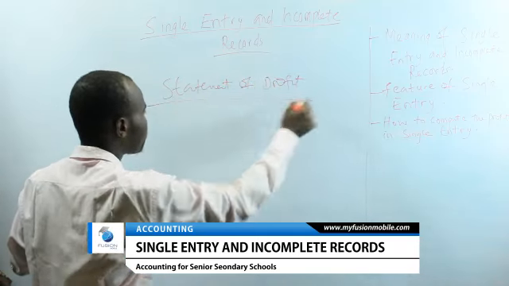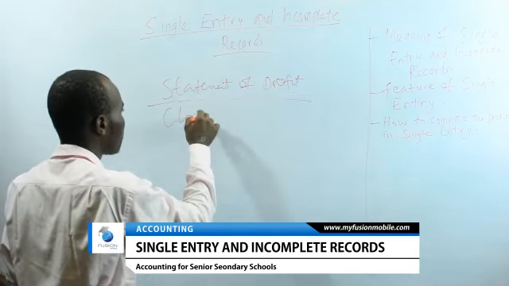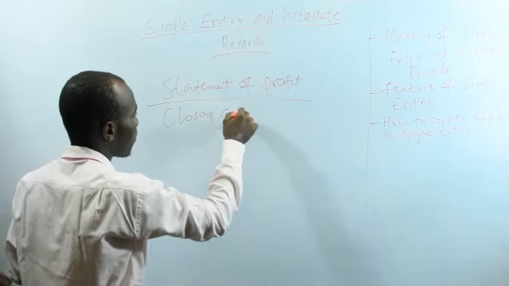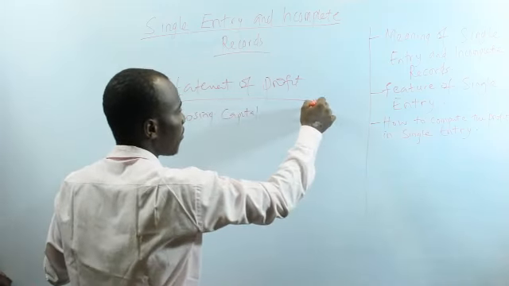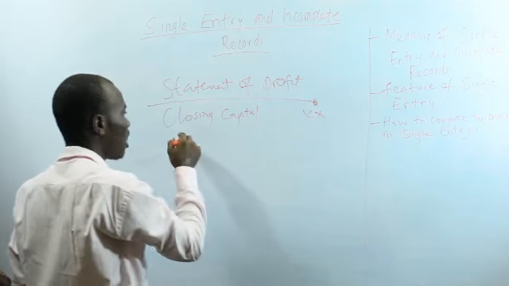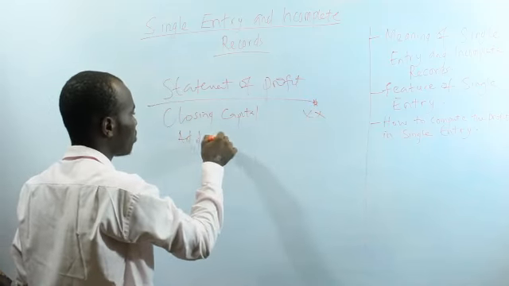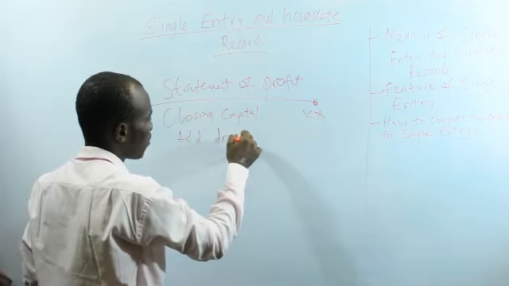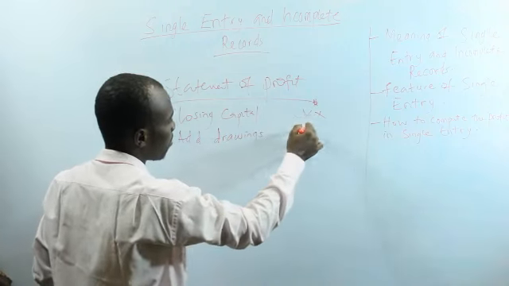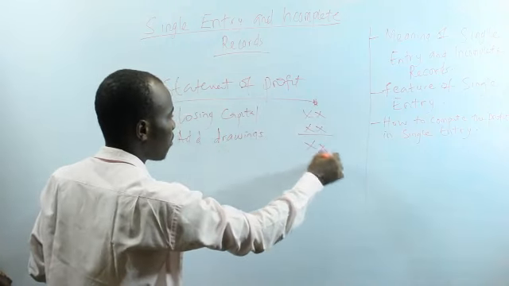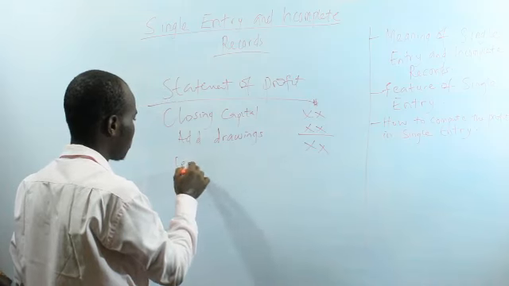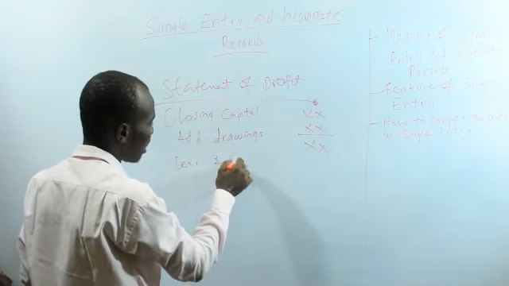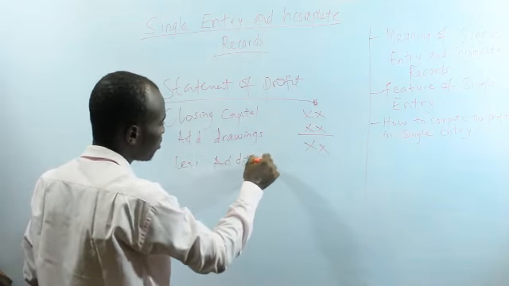So we have closing capital, so we are going to add drawings, then we less additional capital if there is any additional capital within the period.